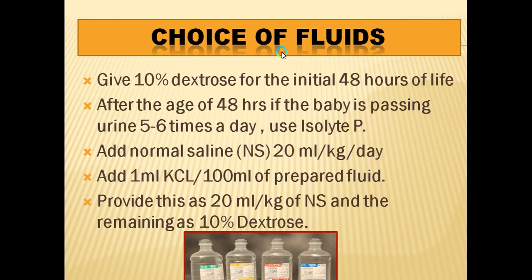I think you have understood. Suppose the mother's glucose is maybe 80 milligram per deciliter, then the baby's will be maybe 65 or 70. So 70 to 80% will be there as compared to the mother.